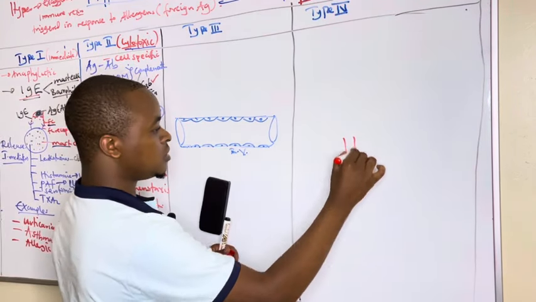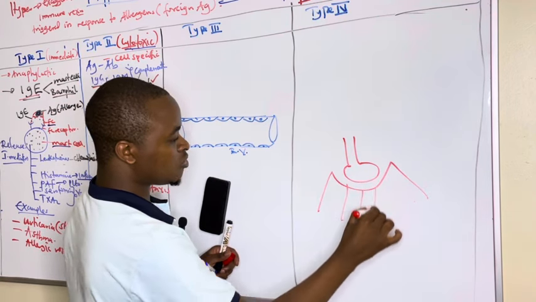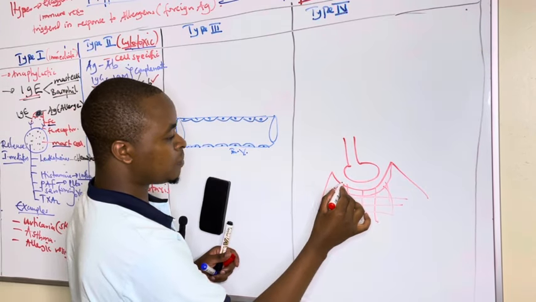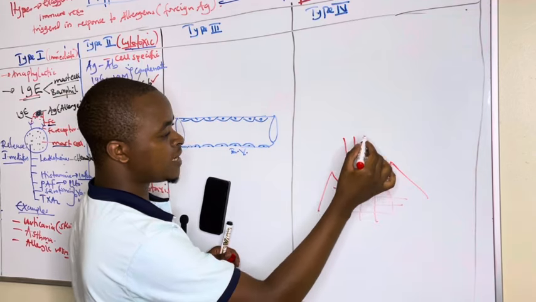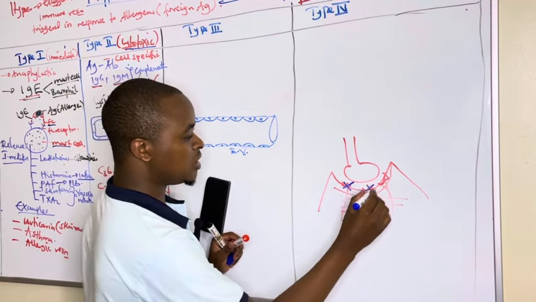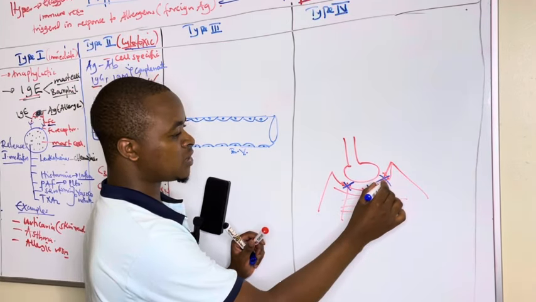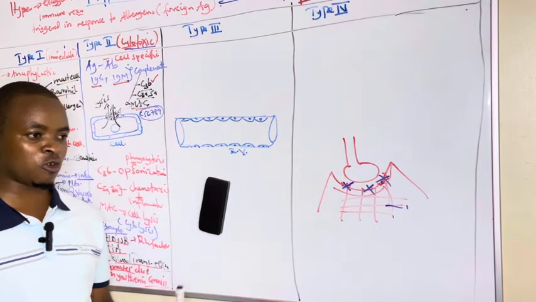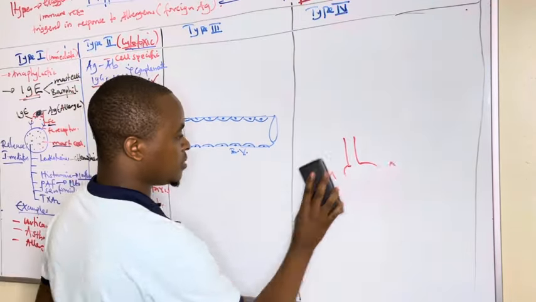A neuron synapses with the skeletal muscle containing actin and myosin, this is the sarcolemma, and the nicotinic receptors are found on the sarcolemma. So the body produces autoantibodies that come and destroy the nicotinic muscular receptors. When they destroy the nicotinic muscular receptors, people have muscular weakness and paralysis. That is what we call myasthenia gravis, which is a type 2 hypersensitivity reaction.